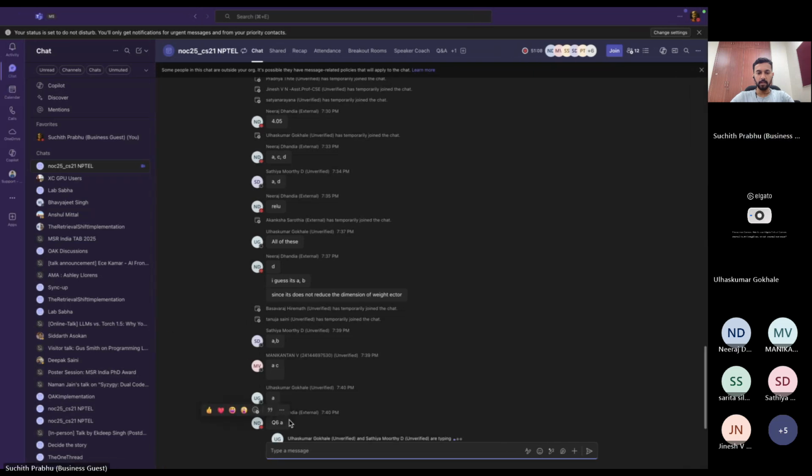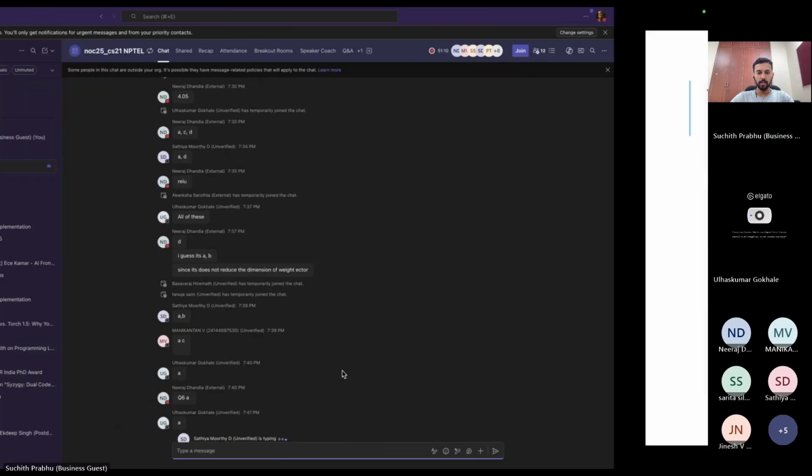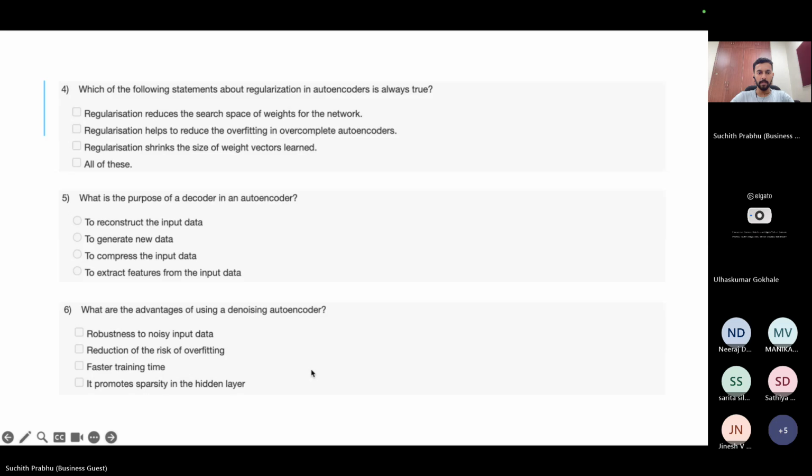Okay, so the first one is correct. The second one is also correct: reduction of risk of overfitting. The third one is incorrect. There's no explicit sparsity in denoising. So it should be A and B.